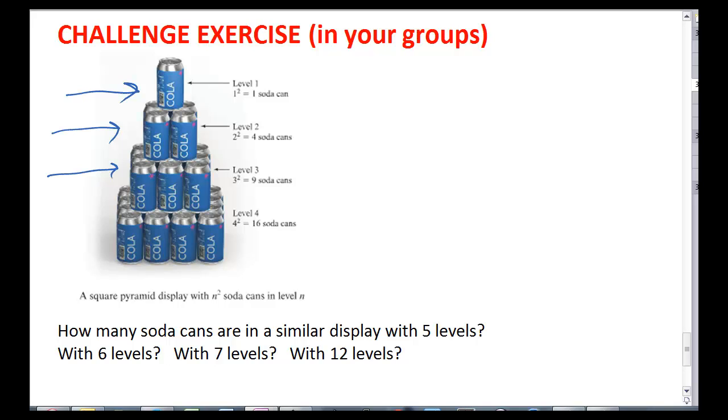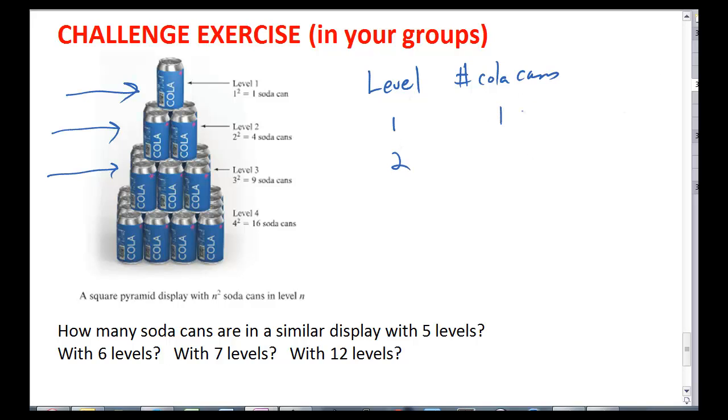So here's how students might get started. We had several students that were able to solve this. I don't have video recordings of their solution, but this is sort of the reasoning that they went through. When I've got one level, then the number of coelacanths was 1.